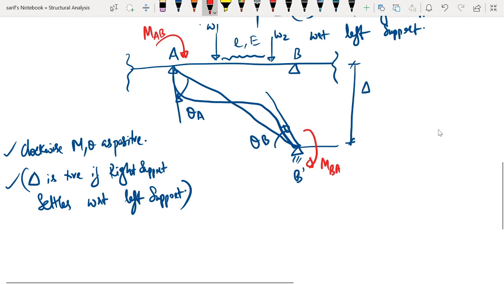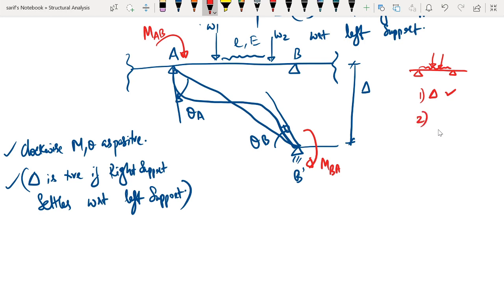So if you look here, the initial beam was perfectly straight. In this beam you had various loading. Okay, this was the initial beam. And what are the things that happened? There was a settlement for the right support, so we need to include this.